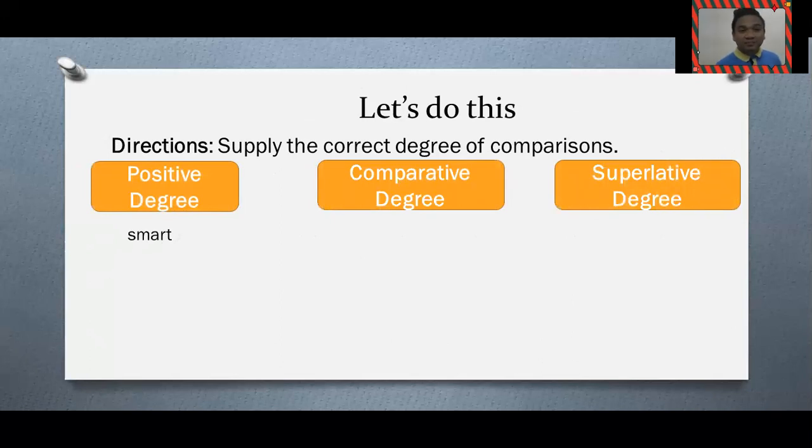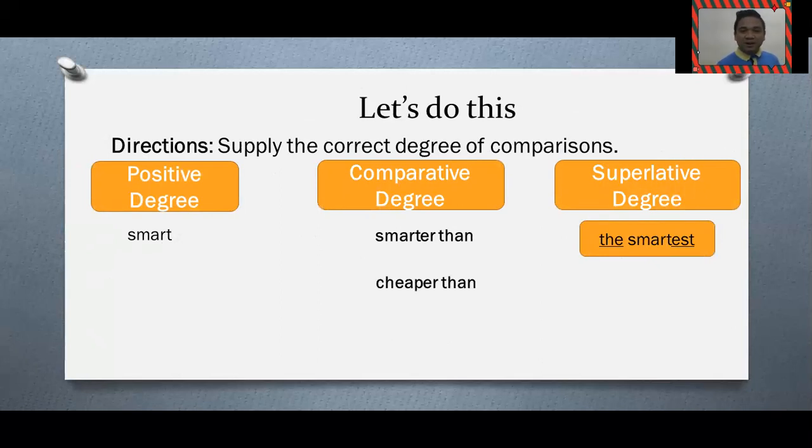Smart, the positive degree. The comparative is smarter than, and the superlative is the smartest. Very good. So we have a comparative cheaper than. So what do you think is the positive degree? Very good. It's cheap. And what do you think is the superlative degree? Amazing. So you can say the cheapest.